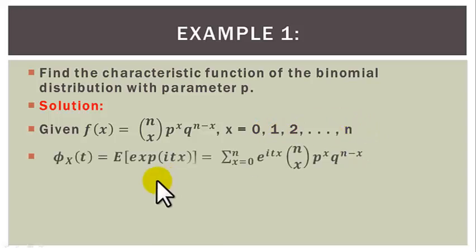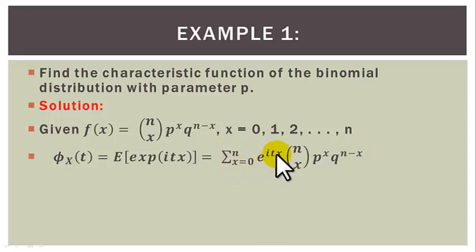Then the characteristic function of x with parameter t is equal to the expectation of exponent itx, which is equal to the sum of exponent itx times the probability function, n combination x, p to power x times q to power n minus x, as x goes from 0 to n.